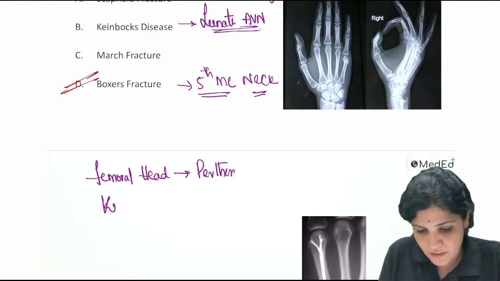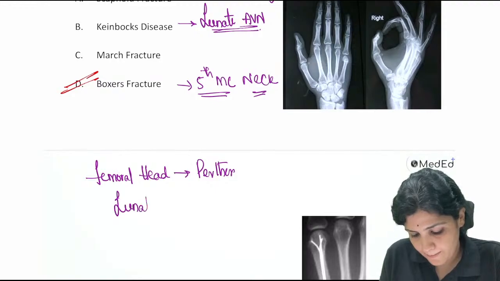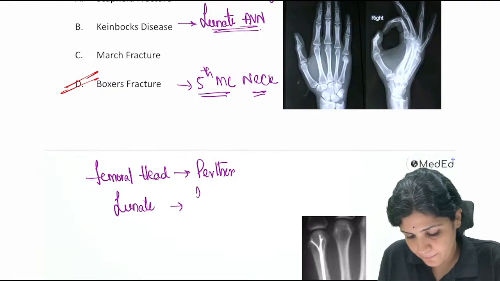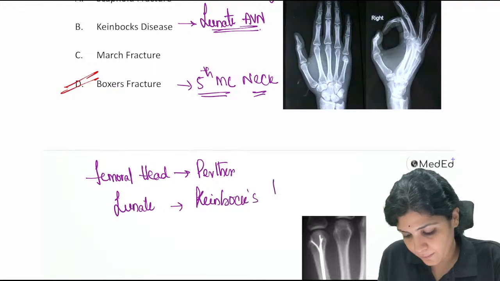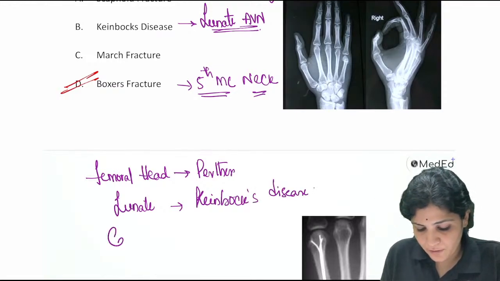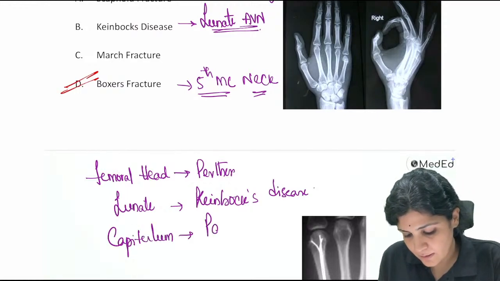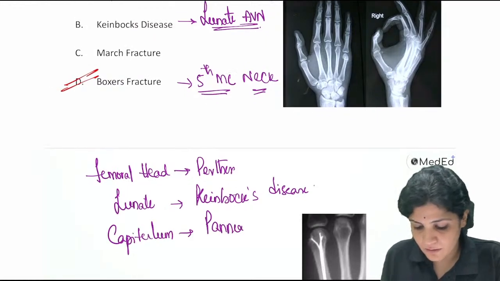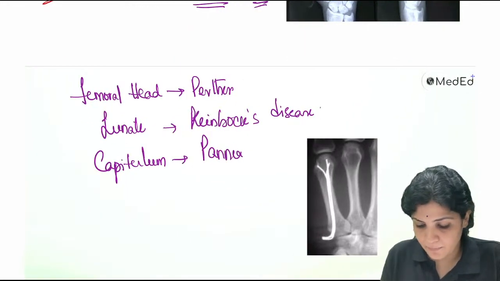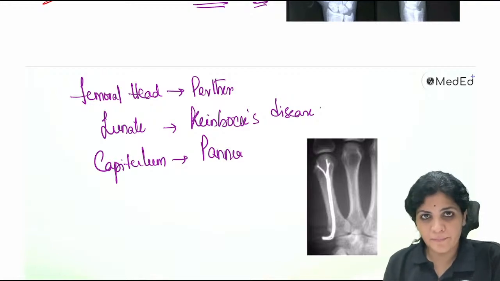Kienbock's is lunate. For the capitulum it is Panner's, right? And do you remember any more?